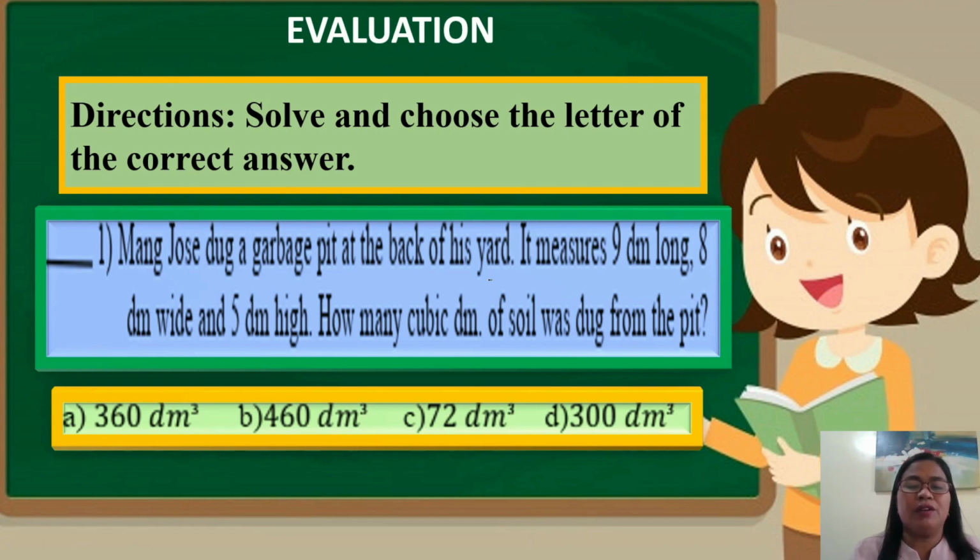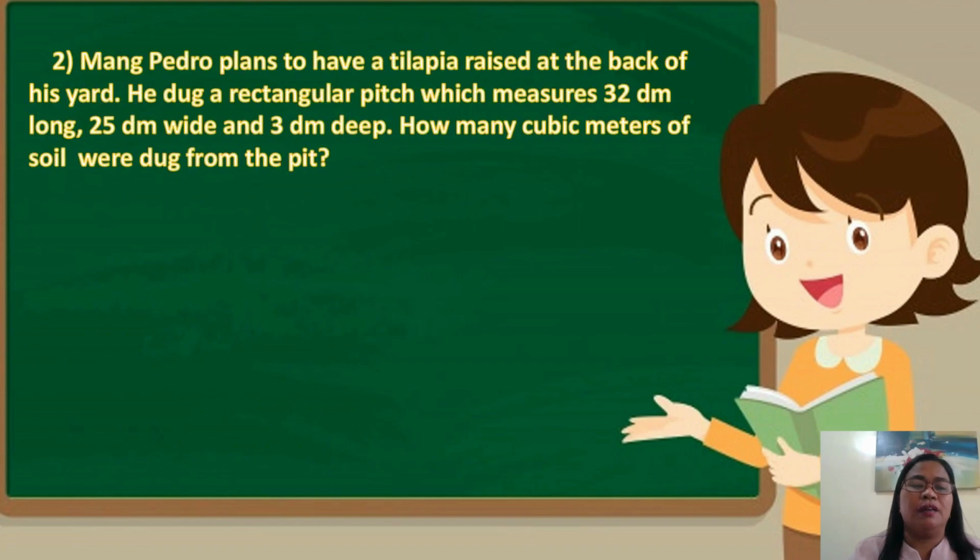What is the correct answer? Very good. The correct answer is letter A, 360 cubic decimeters. Number 2. Mang Pedro plans to have a tilapia race at the back of his yard. He dug a rectangular pit which measures 32 decimeters long, 25 decimeters wide, and 3 decimeters deep.